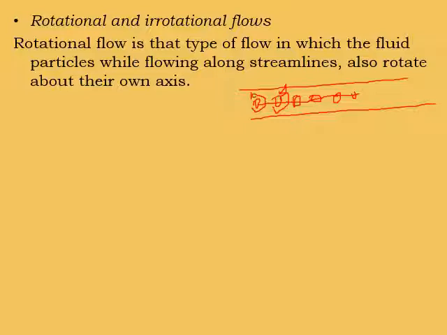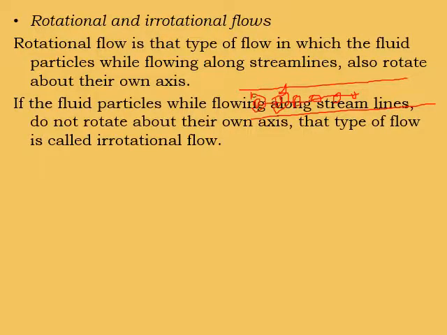The rotational flow is that type of flow in which fluid particles, while flowing through a streamline, also rotate about their own axis. In irrotational flow, the fluid particles flow through streamlines but there is no rotation of the fluid particles.